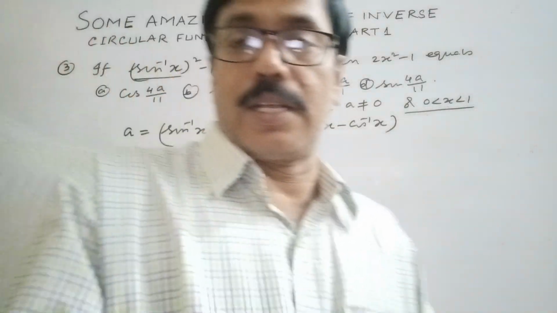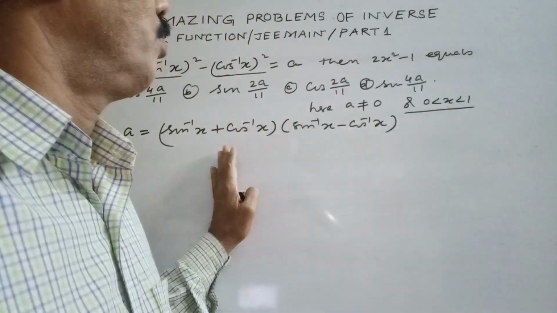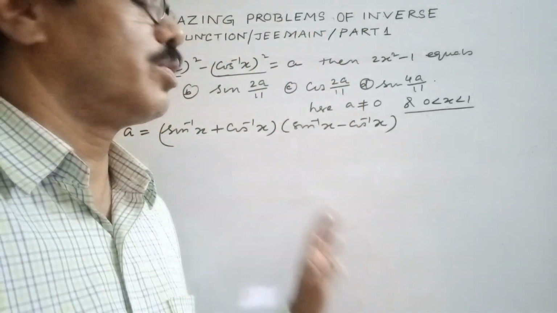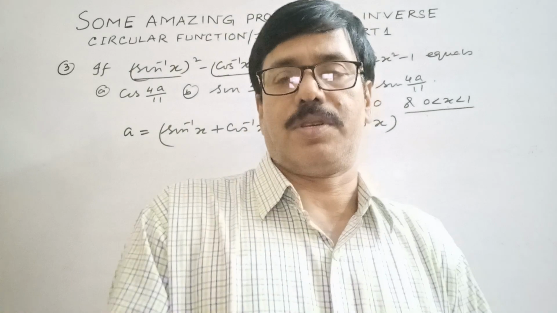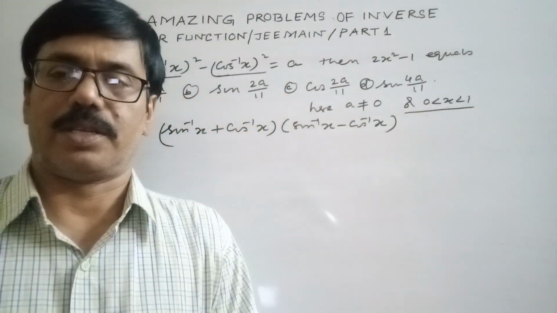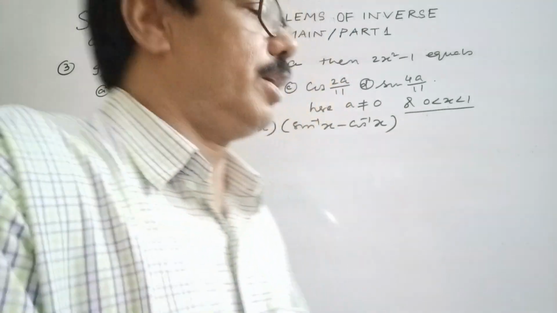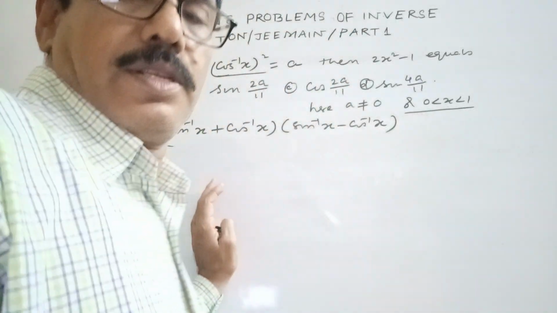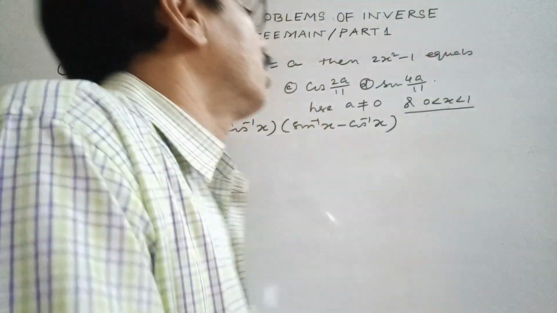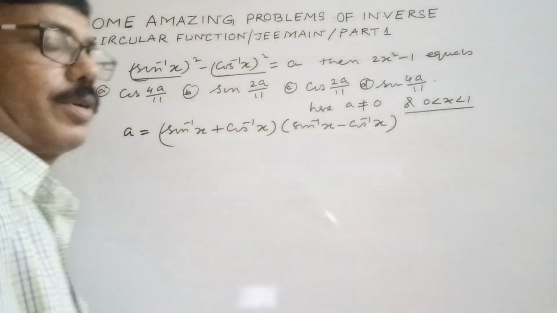Now listen again. To solve problems of competitive exams, you must know the basic concepts. Basic problems of inverse circular functions, I have already completed 7 classes regarding this chapter.